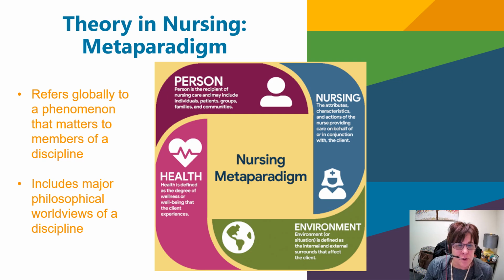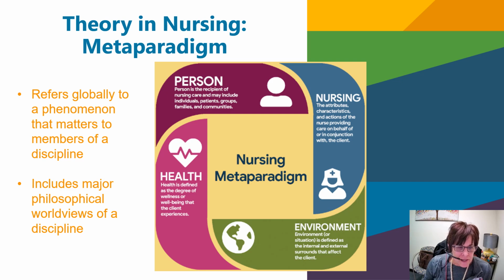Health is the ability to function independently, successful adaptation to stressors, achievement of potential, and unity of mind, body, and soul. Environment encompasses external elements that affect the person, and nursing is the science, art, and practice discipline that involves caring.